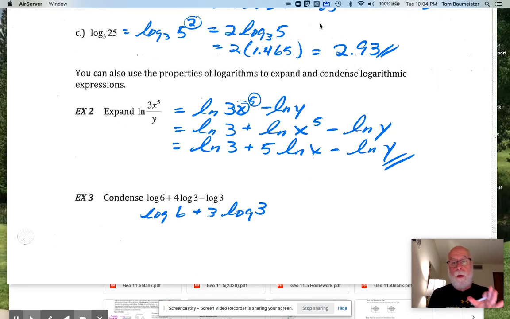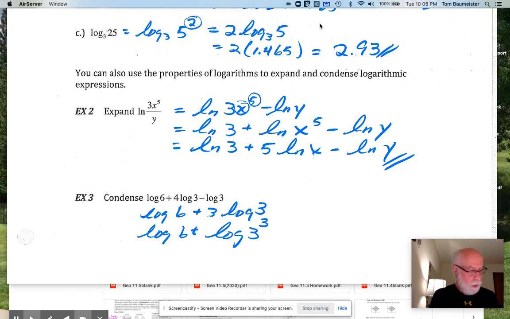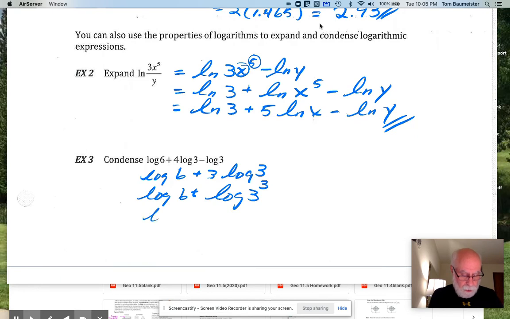Okay, so I'm making it smaller. That's what condense means. So now I have this log to the base 6. Now remember, I have 3 times something, so I'm going to put that 3 up here. Okay, so now I can write this as log to the 6 times 3 cubed.